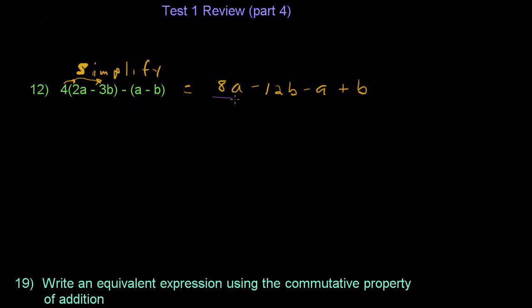And now we look for like terms. We want to combine like terms, and we see two terms that have a as a variable and two terms that have b as a variable. And so 8a subtract 1a is equal to 7a, and negative 12b plus 1b is negative 11b.